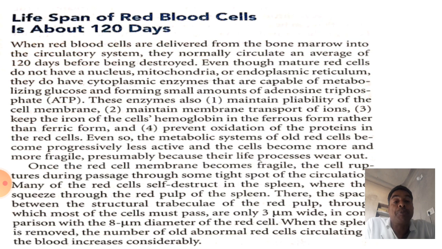There, the spaces between the structural trabeculae of the red pulp, through which most of the cells must pass, are only 3 micrometers wide in comparison with the 8 micrometer diameter of the red blood cells. When the spleen is removed, the number of old abnormal red blood cells circulating in the blood increases considerably.